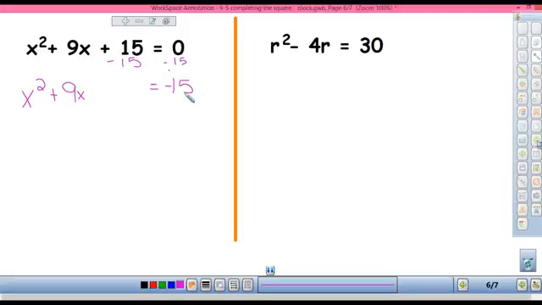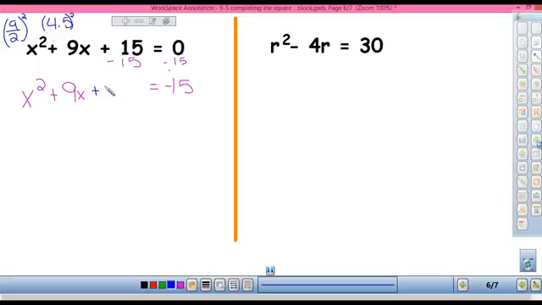Okay, Alyssa, what's step 2? All right, so my B is 9. Divided by 2 is 4.5. So 4.5 squared, 20.25.